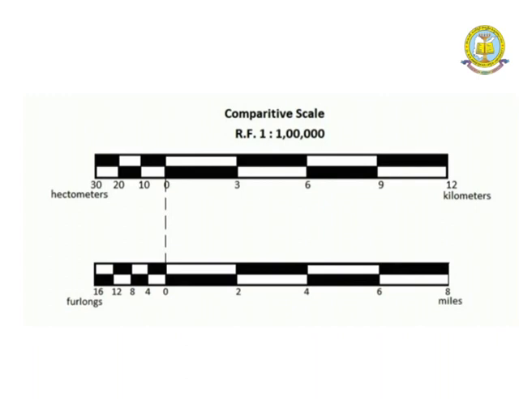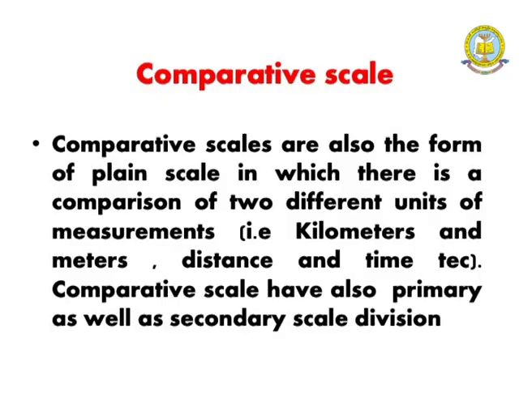You see the 0 point of the 2 scales in the comparative scale is the same, so that you can make the comparison. An advantage of the comparative scale is that it will also measure the 2 units of distances as a primary as well as a secondary scale division. You can compare your values with the already existing values, and you can make use of this scale.